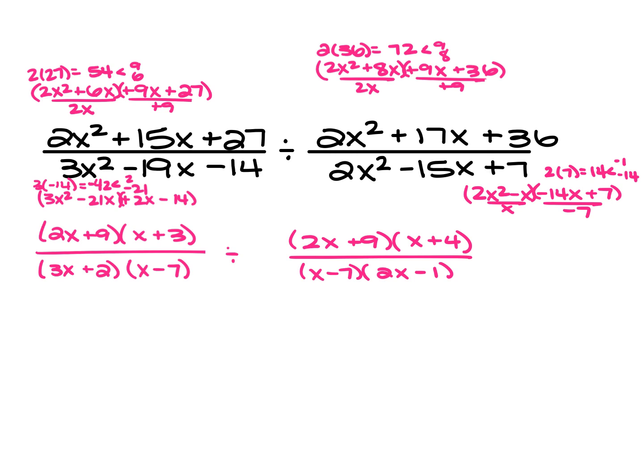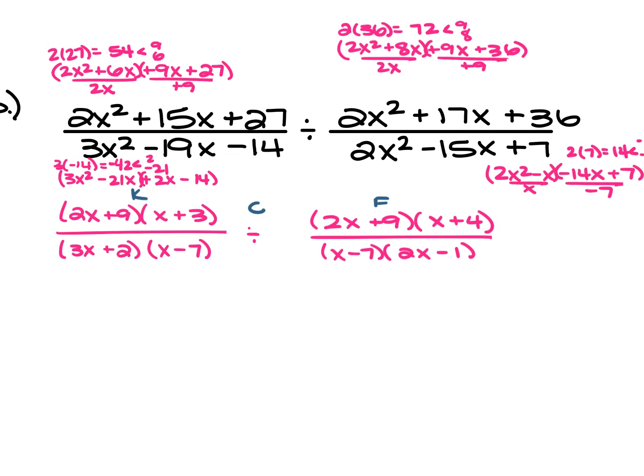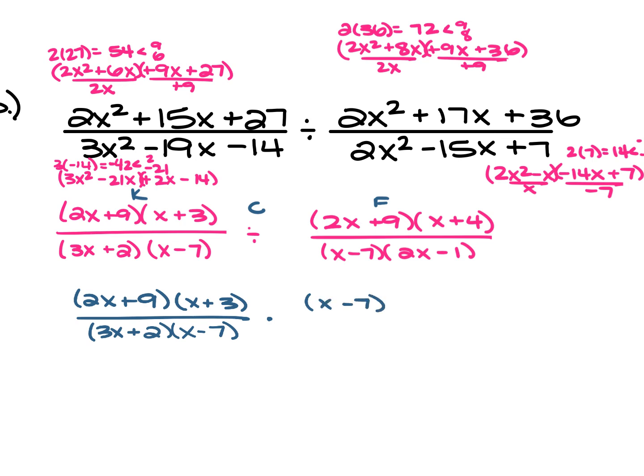So from here, since we are dividing, we are going to change to multiplication and flip the second fraction. That's going to give us 2x plus 9 times x plus 3 over 3x plus 2 times x minus 7, times x minus 7 times 2x minus 1 over 2x plus 9 times x plus 4.